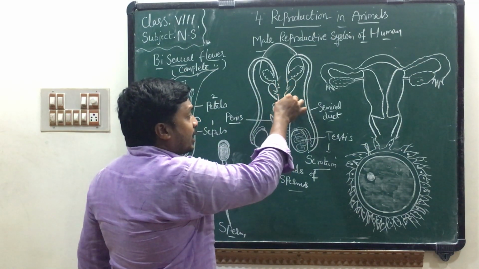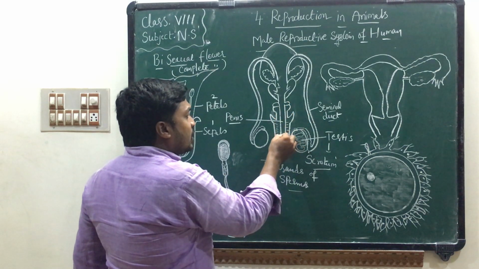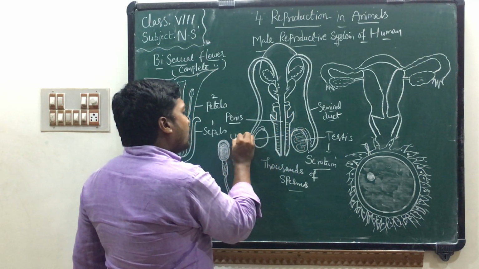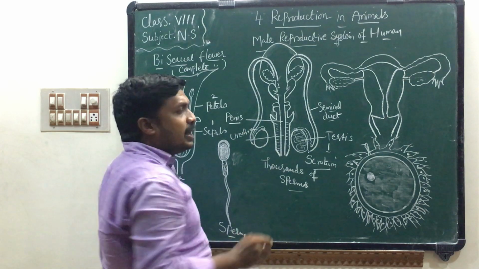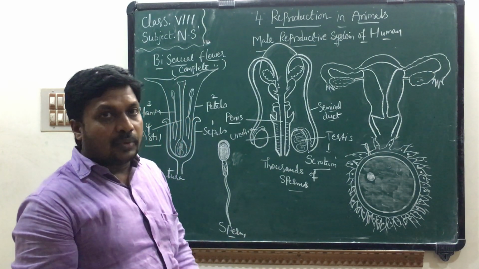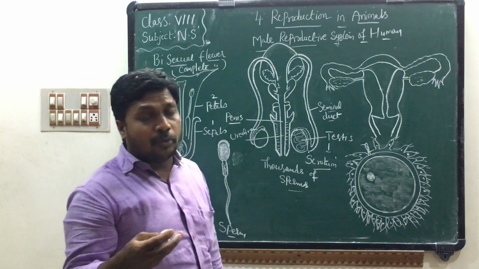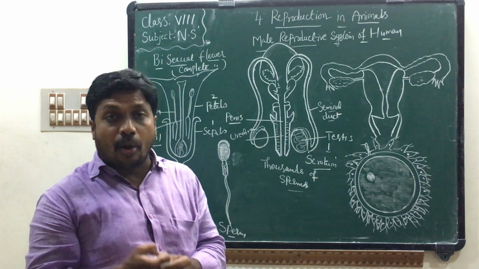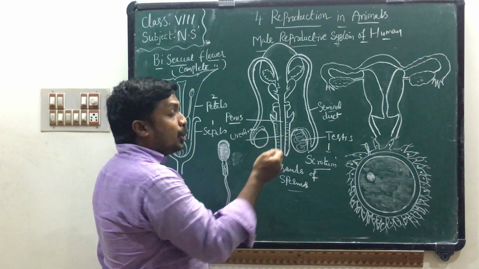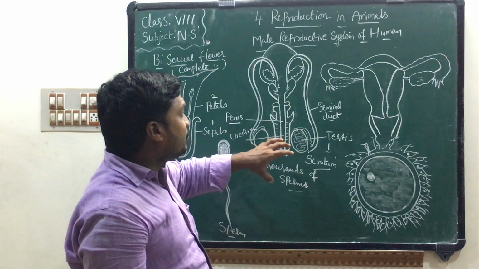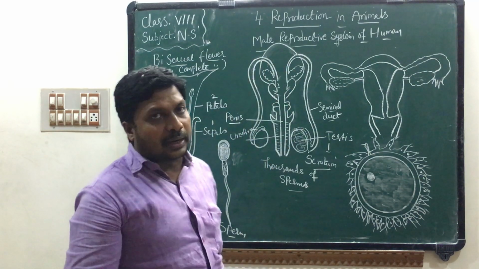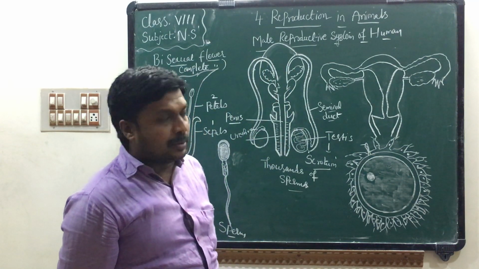Ejaculatory duct later continues as urethra. Urethra is the passage of urine. Do you know, children? In male human beings, urethra is the common passage for both urine and sperm. So, this is about the male reproductive system in human beings.